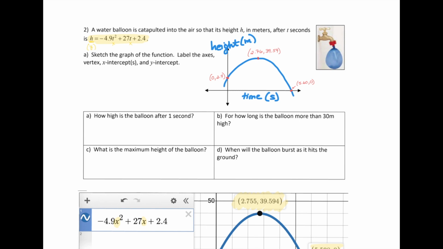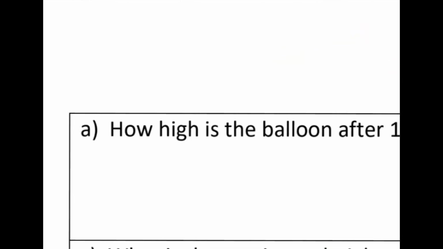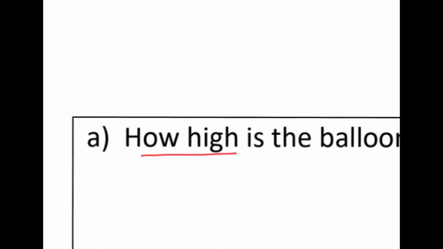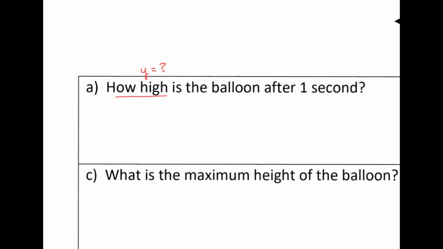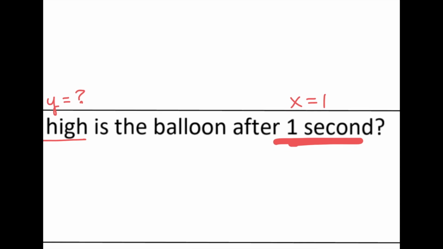So the first question asks you to give how high. So your answer, how high, that's going to be a y value. Y equals what after 1 second? Well, remember that your x values are your time. And so you want to know when x equals 1, what is your y value?